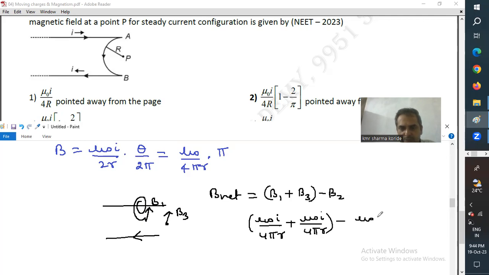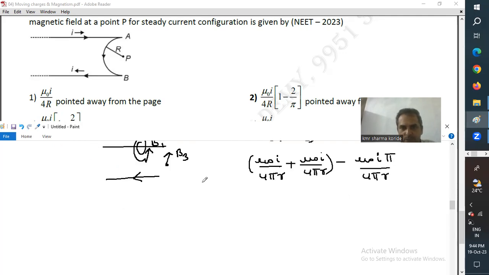So it is going to be mu naught I with the pi divided by 4 pi r. So this is 2. Yeah. So therefore, 2 mu naught I by 4 pi r perpendicular minus mu naught I pi by 4 pi r perpendicular. So you can cancel pi and pi here. So second option is correct.